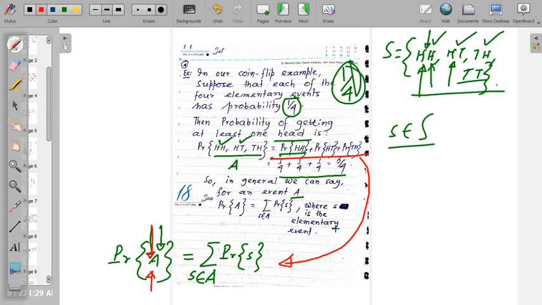Then we note down those events, find which elementary events comprise them, and then the probability of that event A can be found by summing up the probabilities of all those elementary events which make that event. So so far we have got this knowledge, right?